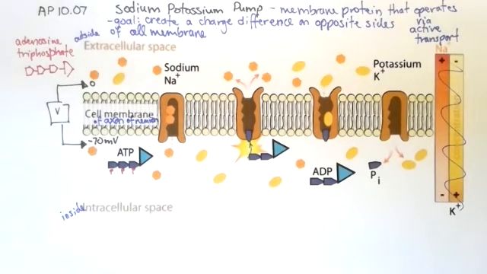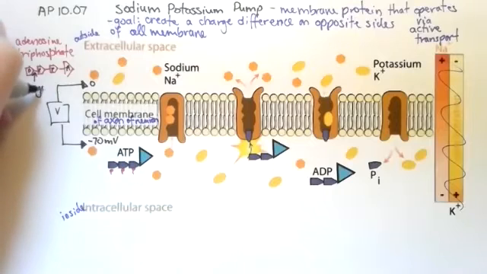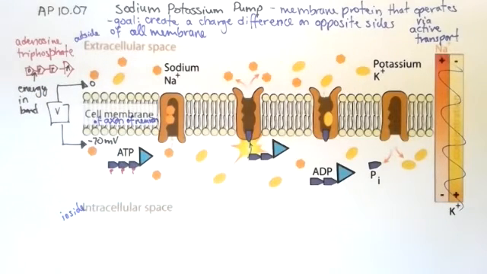So this is a P, and this is the adenosine group. The energy in adenosine triphosphate lies in the bonds, especially this first bond, the bond that I put the arrow to.